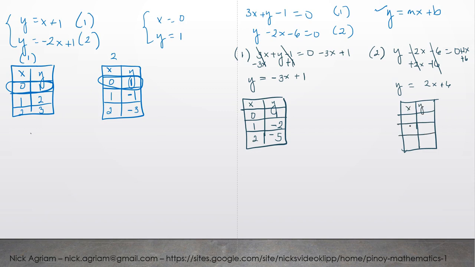X and y. So we have 0, 1, 2. Then when x is 0, then we have 6. Then we have 8. And this is 10.